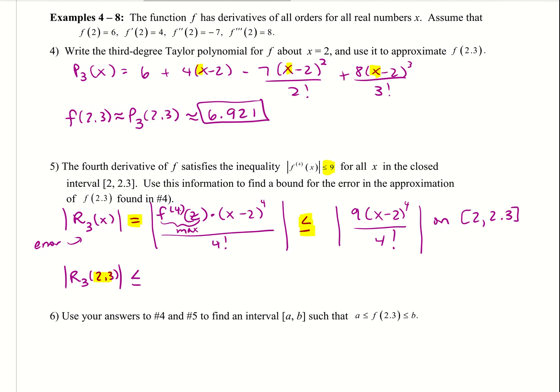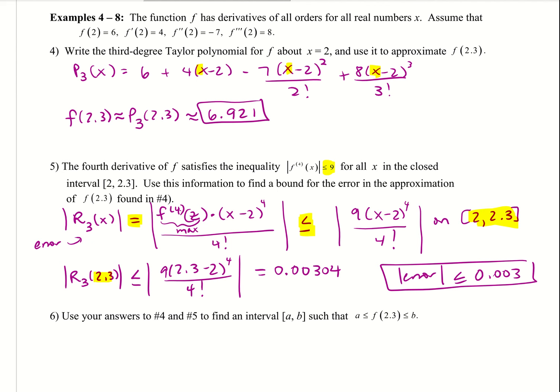Notice that 2.3 needs to be a part of this interval, as does the center. It's okay to be endpoints. So I'm going to say that this would need to be 9 times (2.3 minus 2) raised to the fourth power over 4 factorial. I would use my calculator, and I would get 0.00304-ish. So the absolute value of my error must be less than or equal to 0.003.